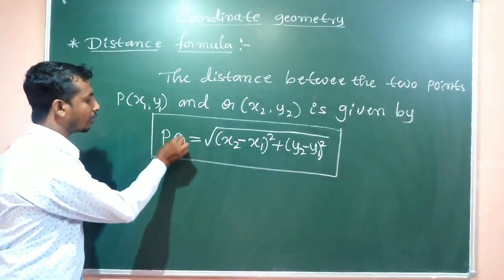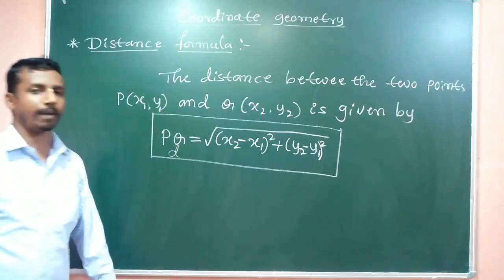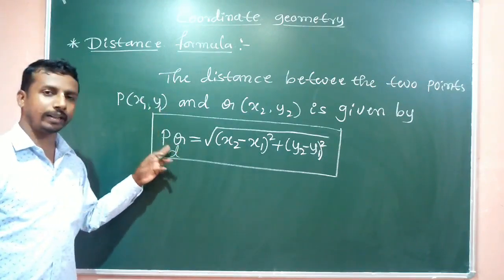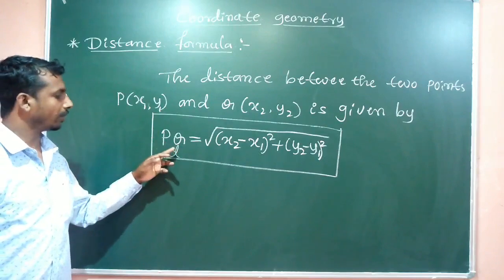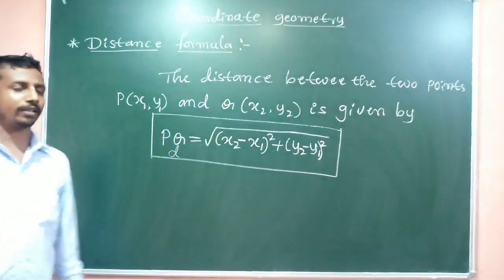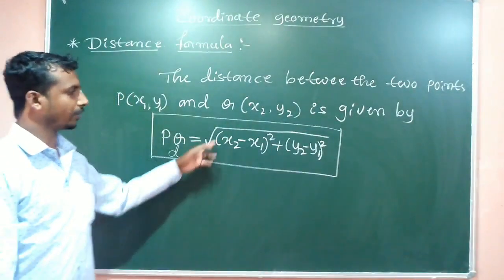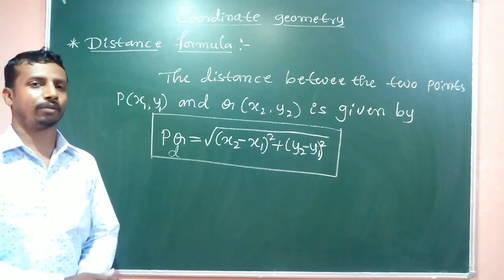Sometimes the distance is also denoted by D, meaning the distance between the two points. D is equal to the square root of (x2 minus x1) whole square plus (y2 minus y1) whole square. It is known as the distance formula.